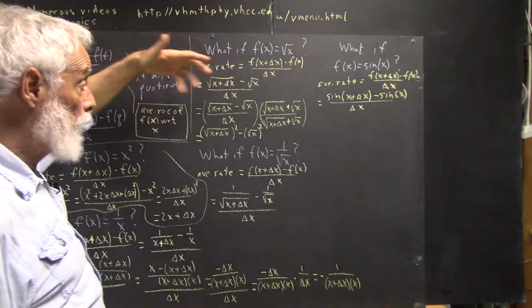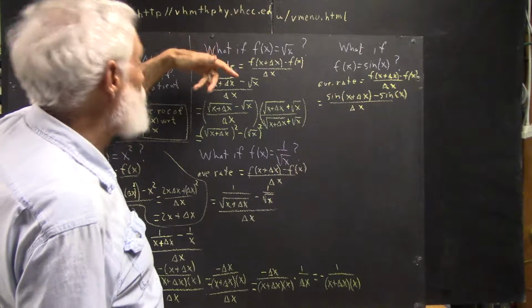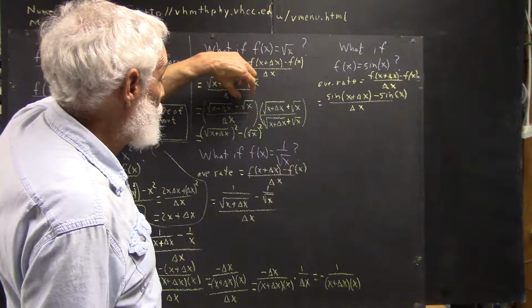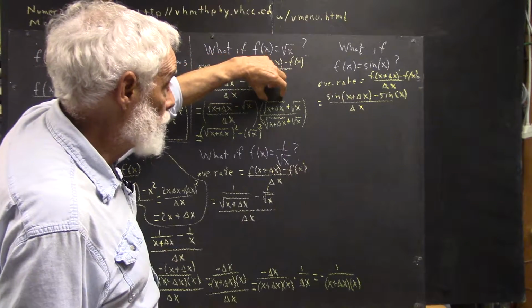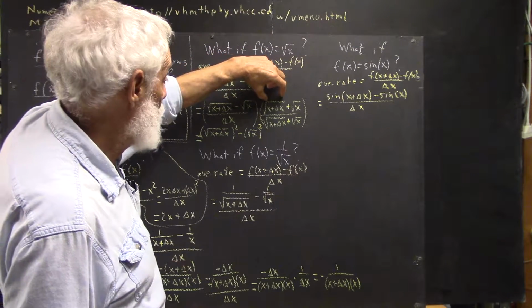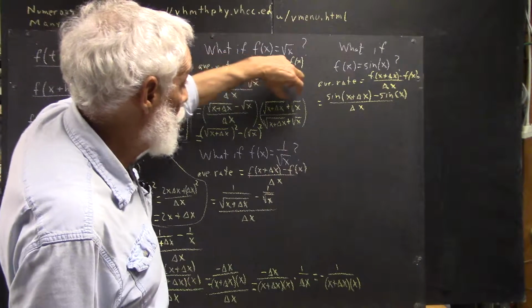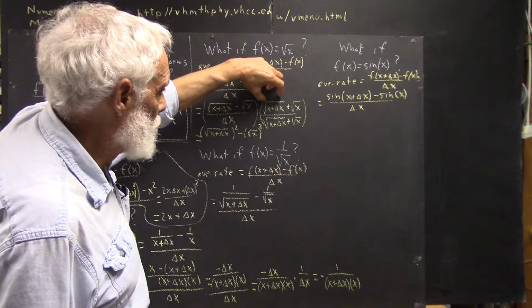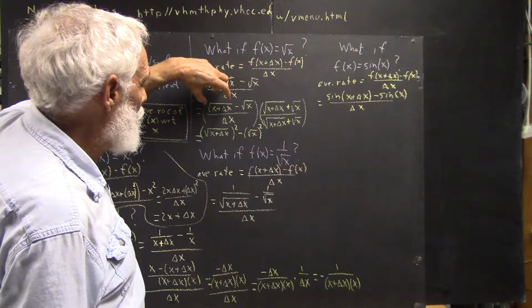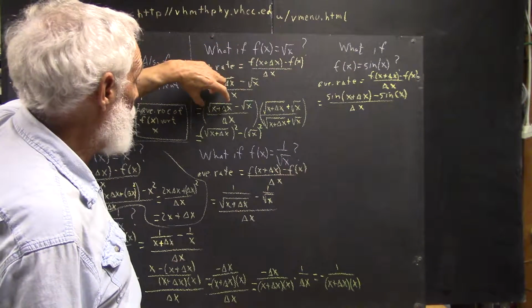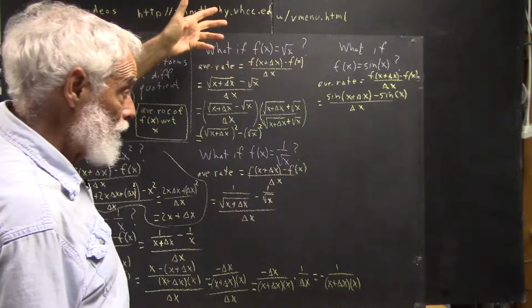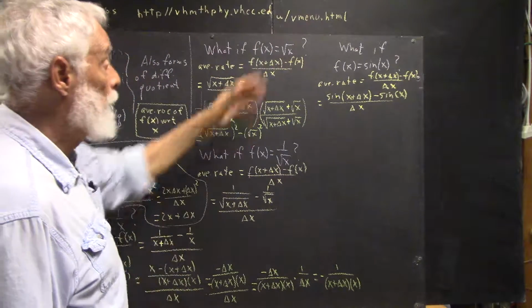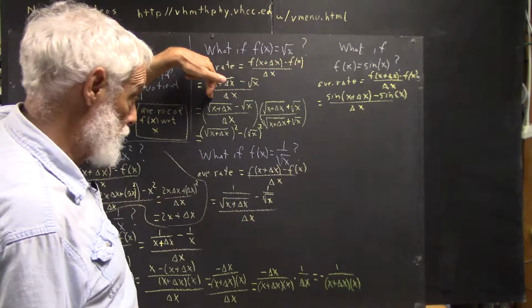Now, you can write this out with the distributive law and see that when you do the multiplication, you also get minus this square root times this square root, and you also get this square root times this square root. But the negative of this times this is equal and opposite to this times this, because you're going to get negative square root of x times the square root of x plus delta x, and a positive square root of x times the square root of x plus delta x.